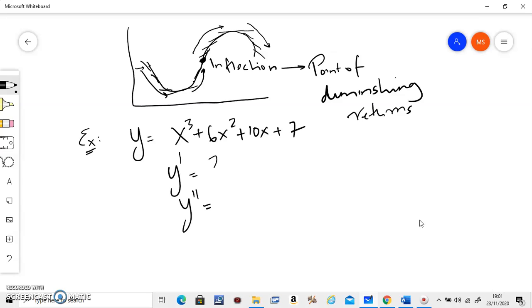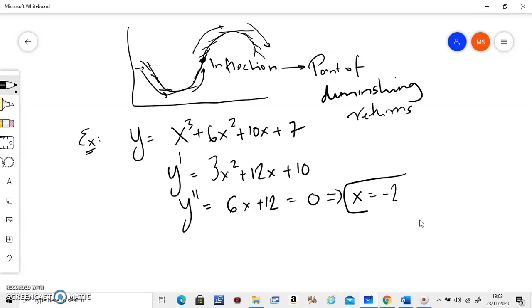So y prime here is 3x squared plus 12x plus 10. Now take the differentiation of that again. You should get 6x plus 12. Make that equal to 0 and solve for x. If you solve for x, you get negative 2. This should be step 1.